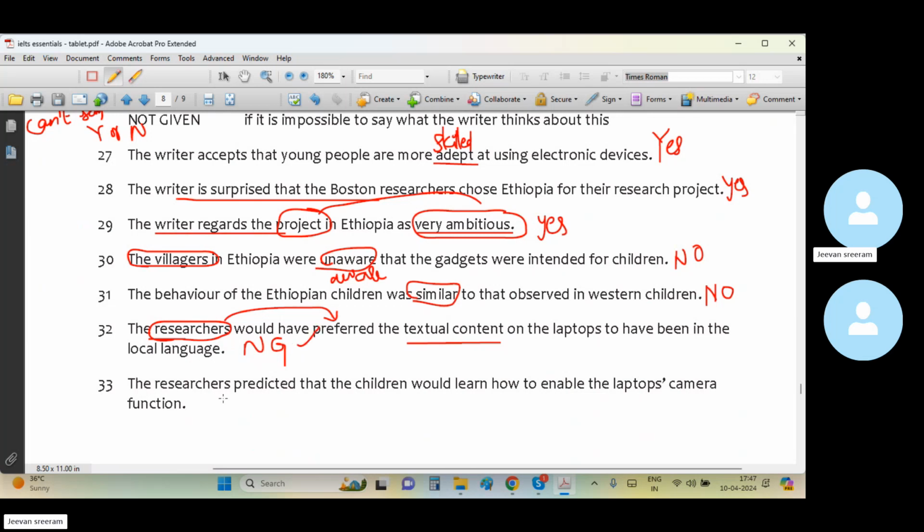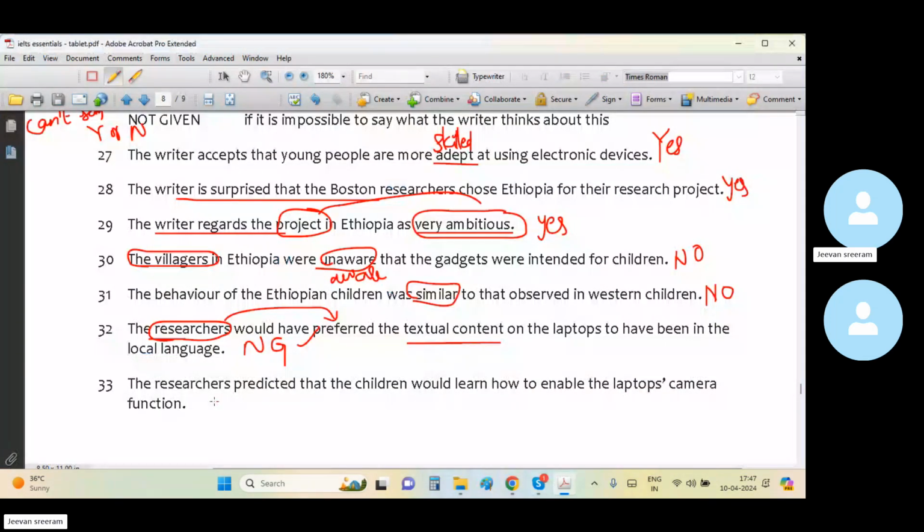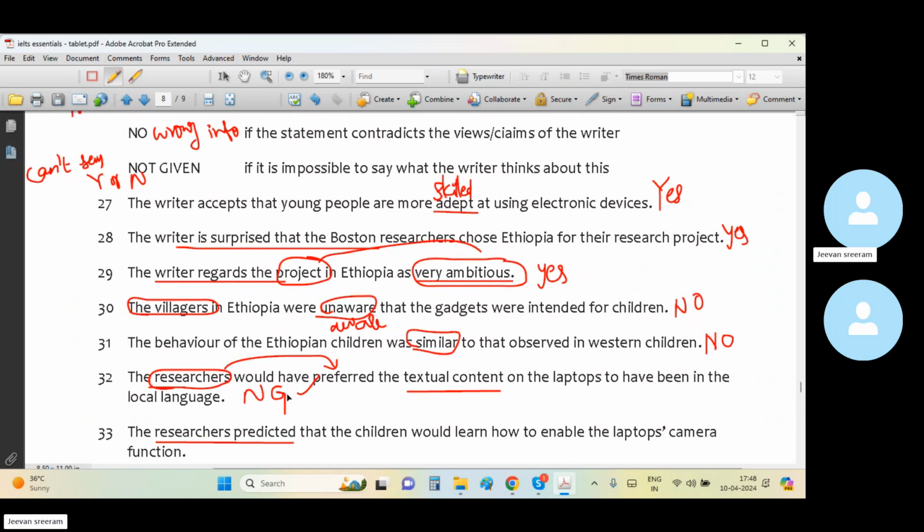Thirty-third: the researchers predicted that the children would learn how to enable the laptop's camera function. Right? As per the passage, have researchers really predicted that?